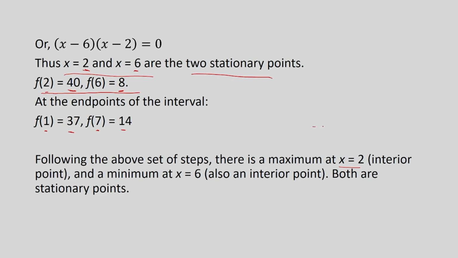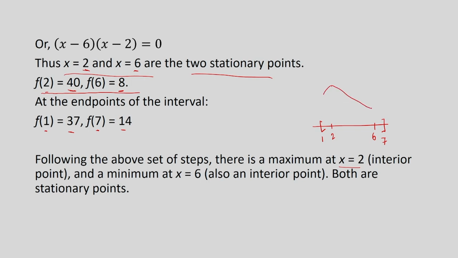So, here is how it looks like. You have 1 and you have 7. So, this is the interval over which the function is defined, and here you have 2 and here you have 6. So, at 6 the value of the function is 8, which is the minimum of all these f values, right. So, here is the minimum point and here is the maximum point.